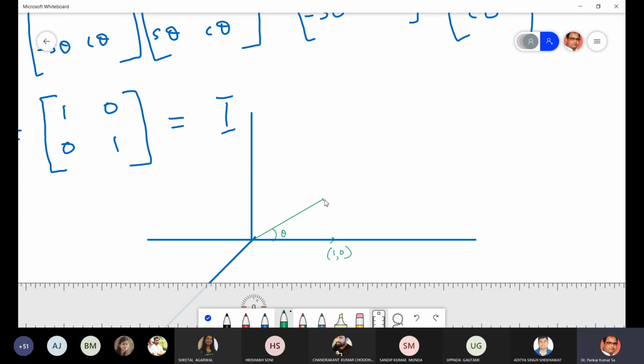What will be the coordinate of this? The length of this vector is 1, so this vector length is also 1.